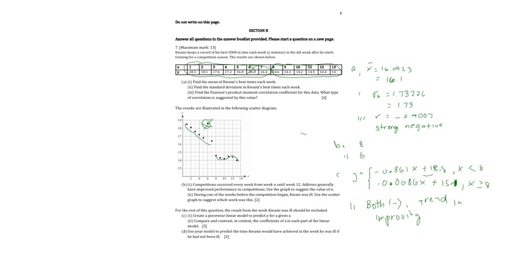Use your model to predict the time Kwame would have achieved the week he was ill if he had not been ill. So that's on week 6. So that is carried out by this equation. So we can have for letter D negative 0.361x, which is 6, plus 18.8.